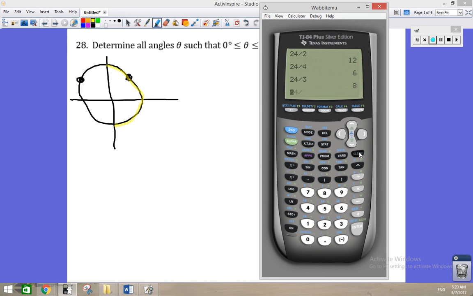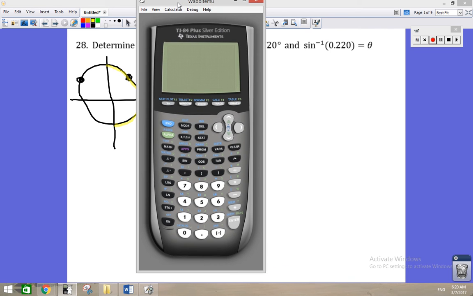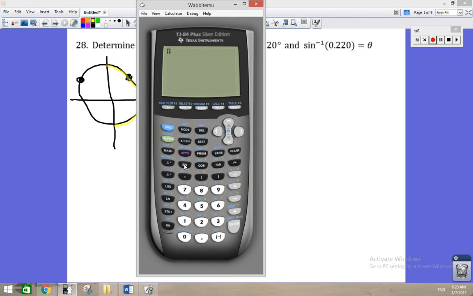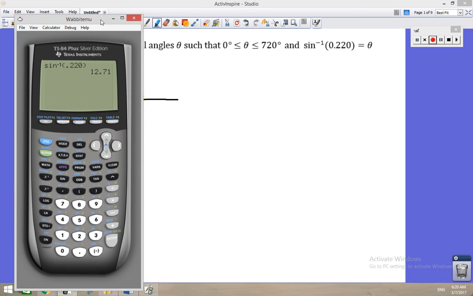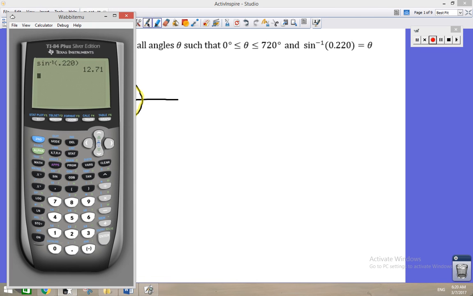So let's change that to degrees, and I don't know, a couple decimals. So if I go the inverse sine of 0.220, I have 12 degrees.